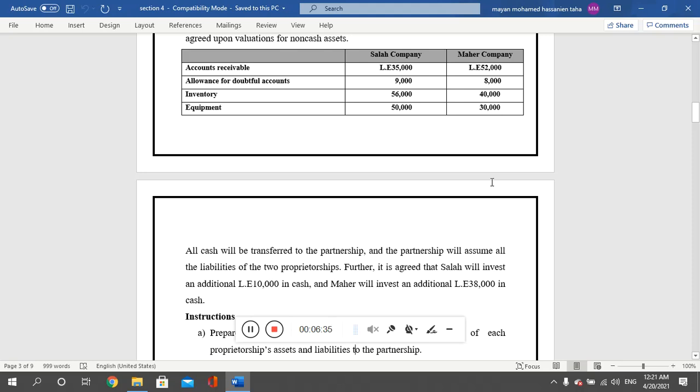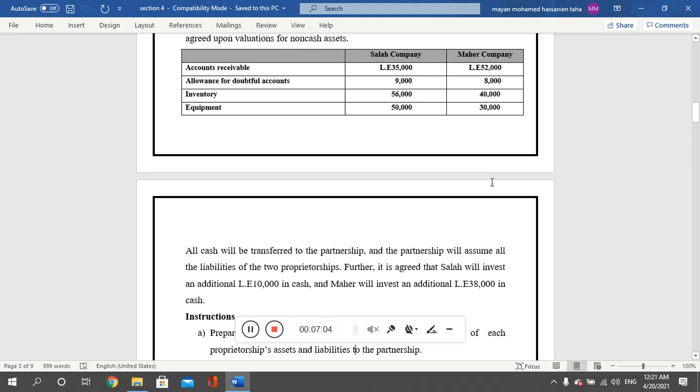Further, it's agreed that Salah will invest an additional 10,000 Egyptian pounds in cash, and Maher will invest an additional 38,000 Egyptian pounds in cash. So the cash amount will be increased after transfer to the partnership.